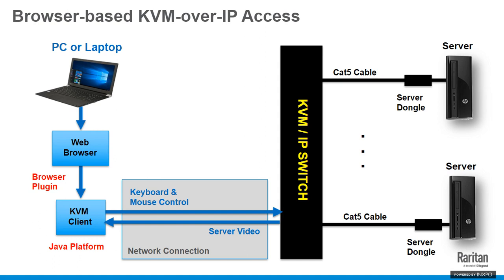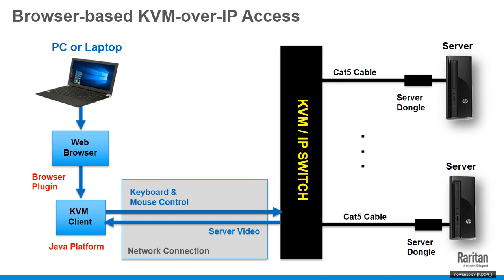In terms of how this works, the user would launch a web browser, say on their laptop. That web browser would run a KVM over IP application. When the user wants to connect to a server, something called a KVM client would get launched. This would be, I guess, an applet that's launched, and the user can do the detailed interaction with the server.